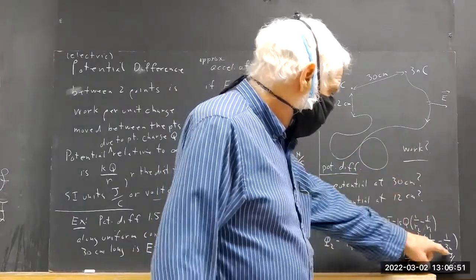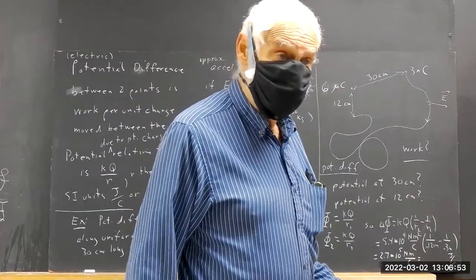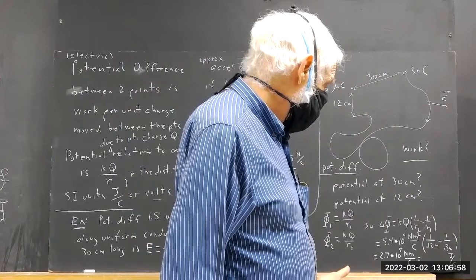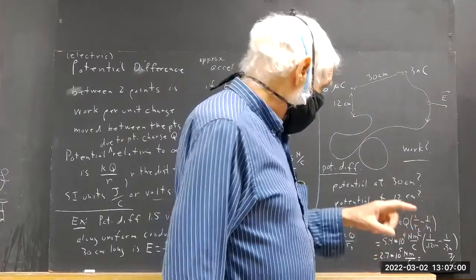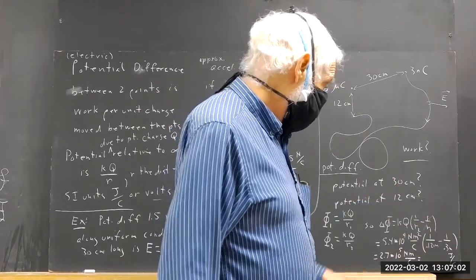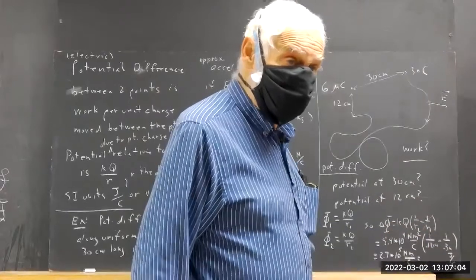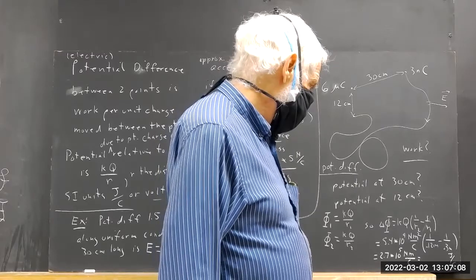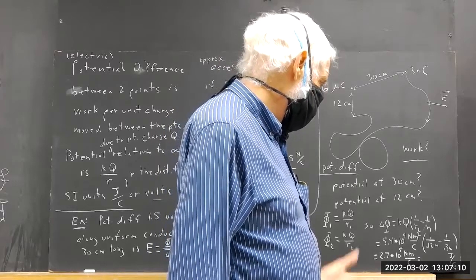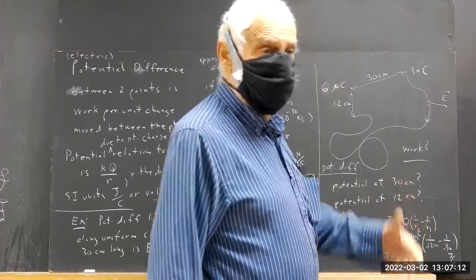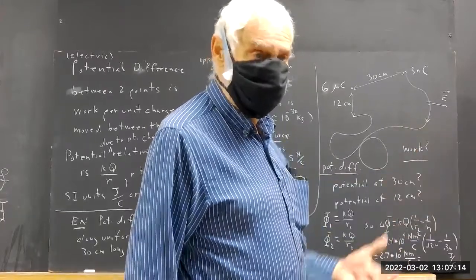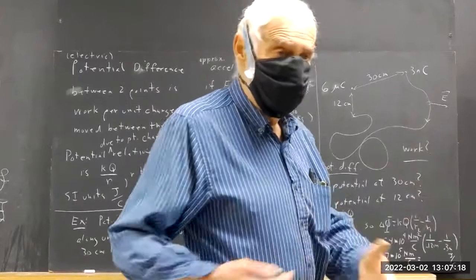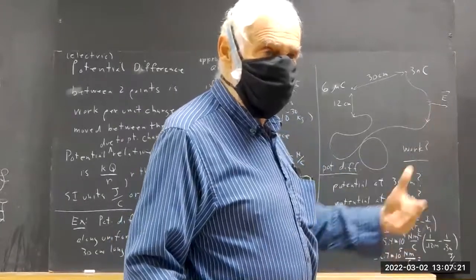R1 minus R2 is 0.18 meters, and 0.12 times 0.3 is 0.036. 18 is half of 36, so it leaves you 5.